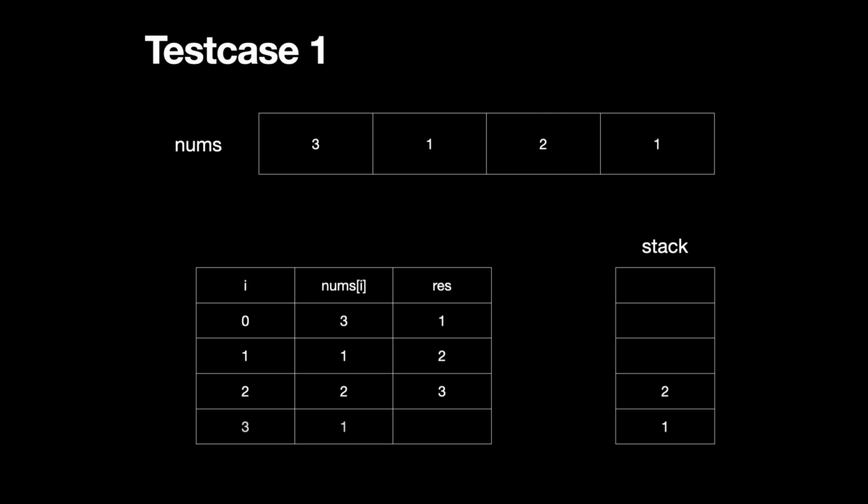Next, the current value of i is equal to 3 and nums[i] is equal to 1. First, we'll compare nums[i] with the top of the stack value. Here 2 is greater than 1. We are focusing on the minimum elements, not the maximum elements. Therefore, we will delete 2 from the stack.